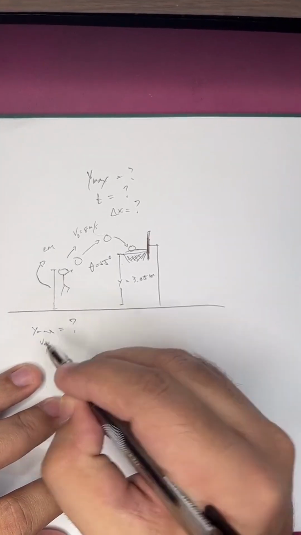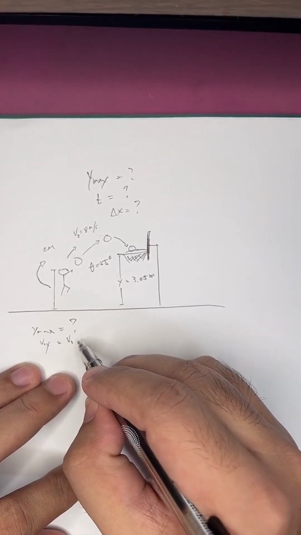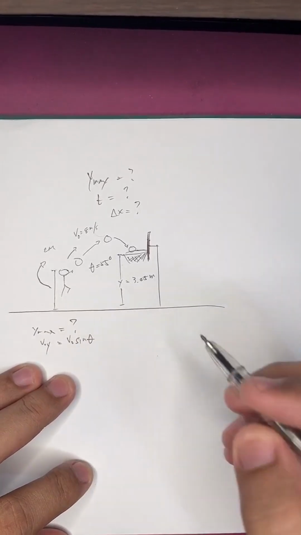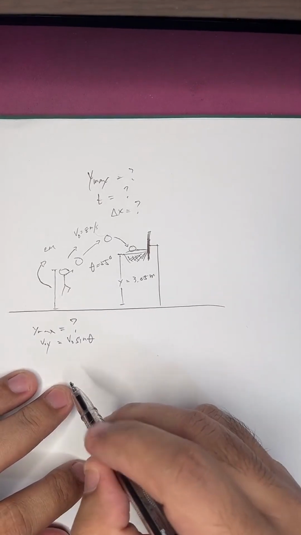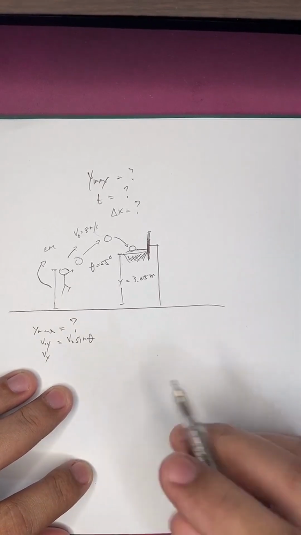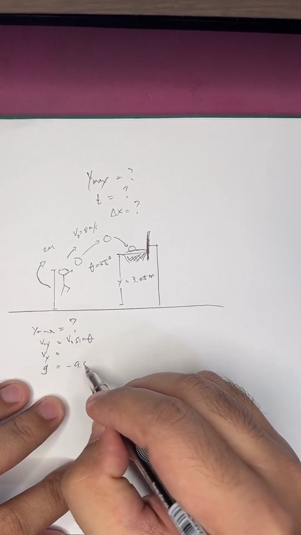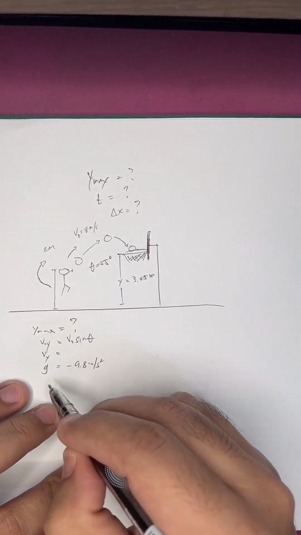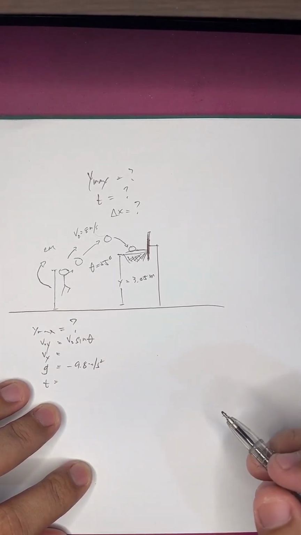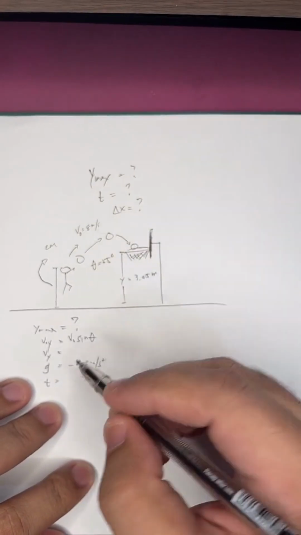Initial velocity in y, which is given by v naught sine theta, and then v sub y, or final velocity in y. Then g for acceleration, negative 9.8 meters per second squared, and then t. Since we are dealing with maximum height here, final velocity upon reaching the top is 0.